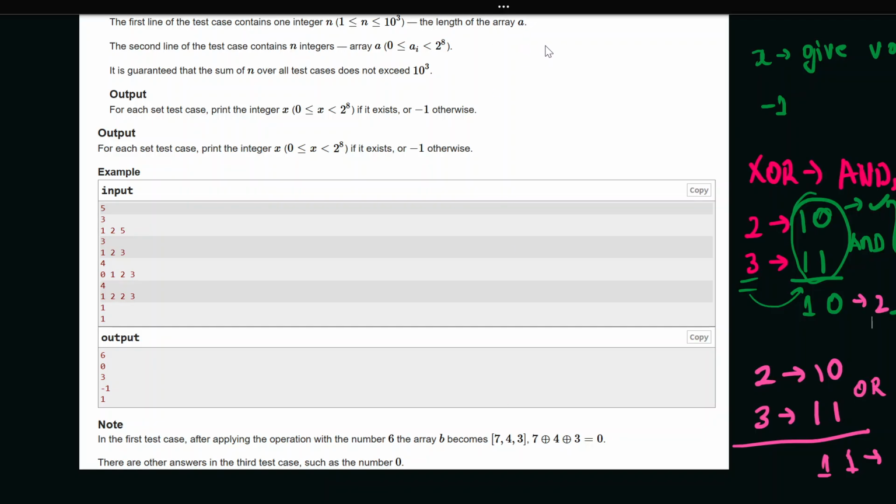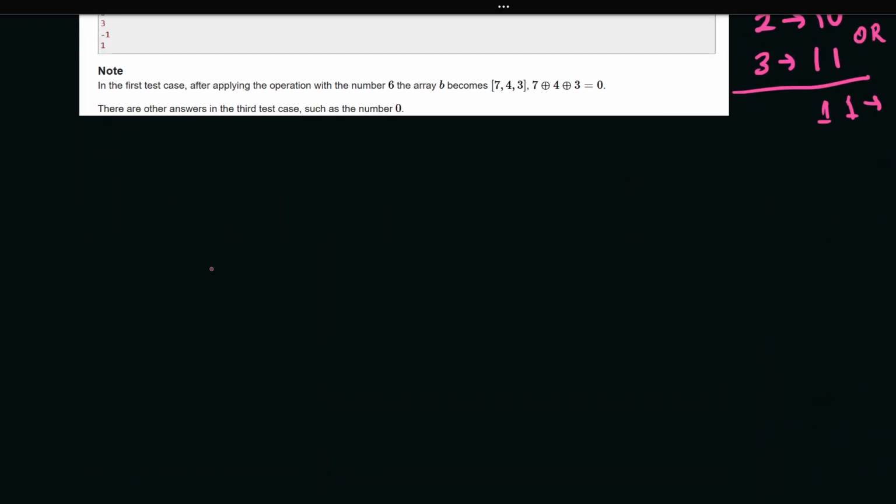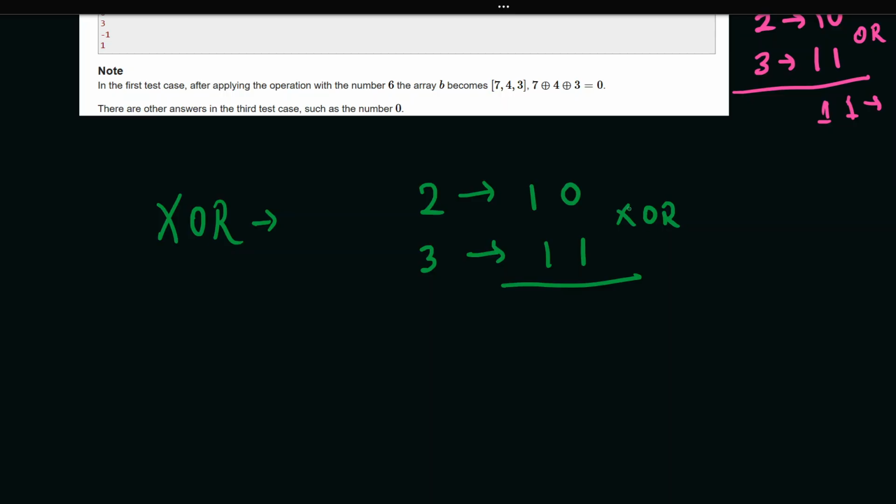Similarly, we have something called XOR. Correct? So let's do the XOR for 2 and 3 again. 2 is 1 0, 3 is 1 1. Now when 1 XOR 0, it gives an output of 1.